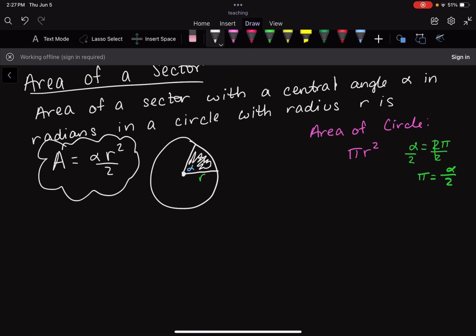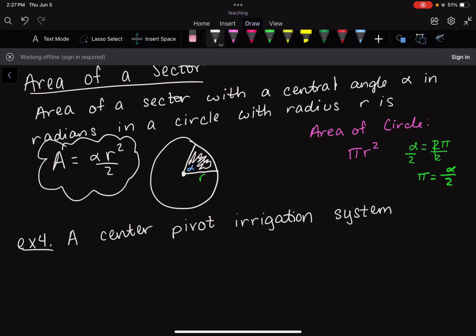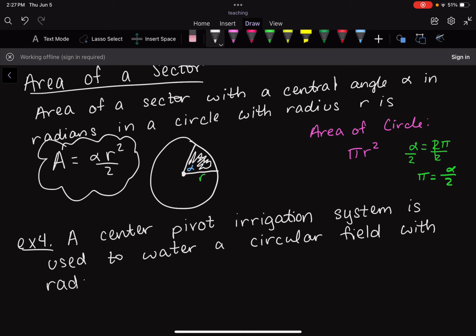And I'll just go ahead and do an example. So we won't do too many for this one. I'll just do the one. So it says, a center pivot irrigation system is used to water a circular field with radius 200 feet.